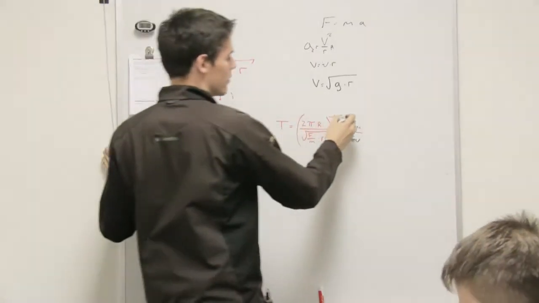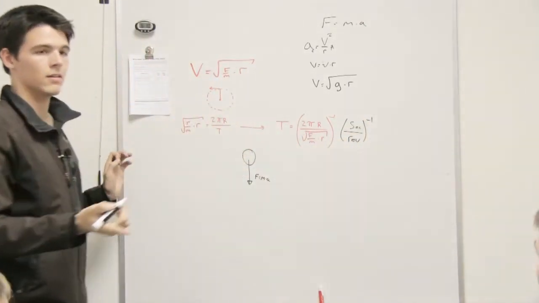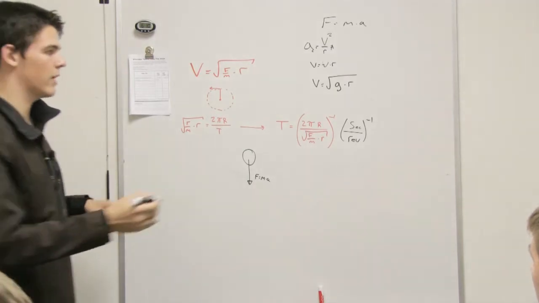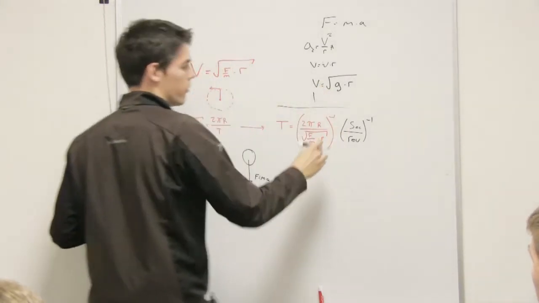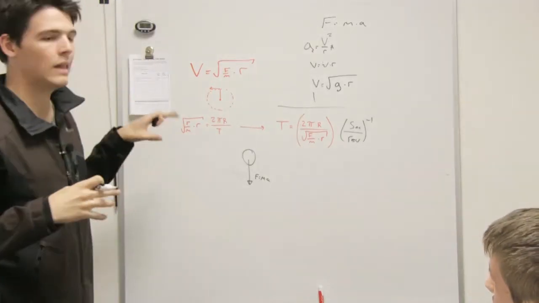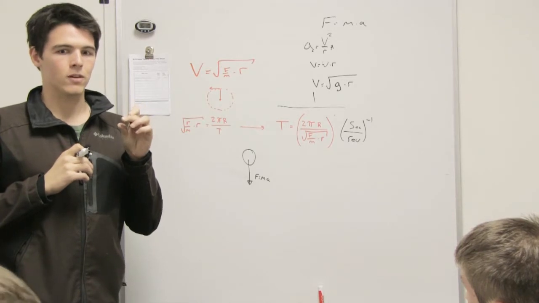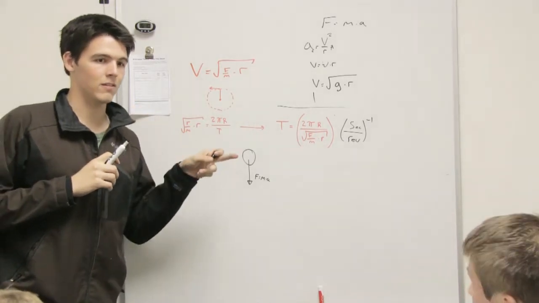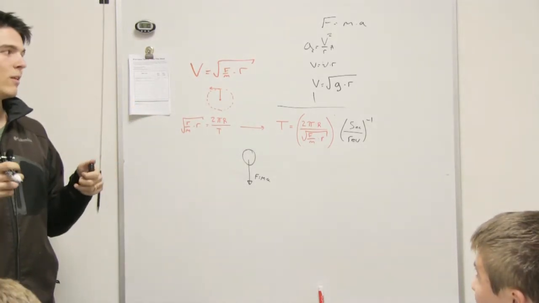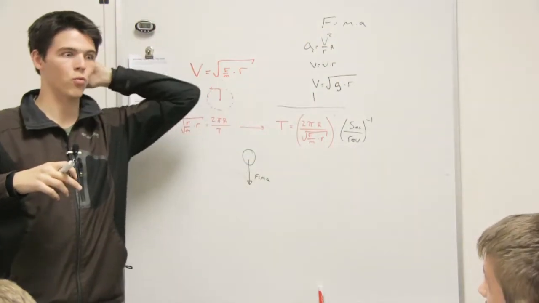So, yeah, you just take the inverse of that to get revolutions per second. So basically we're taking that whole thing and putting it underneath of 1 so that it flips and multiplies. Before, it was a really small number, like 8.4 times 10 to the negative 16th seconds. That's what I got. Then you take that, put that underneath a 1, and it comes up with a really big number.